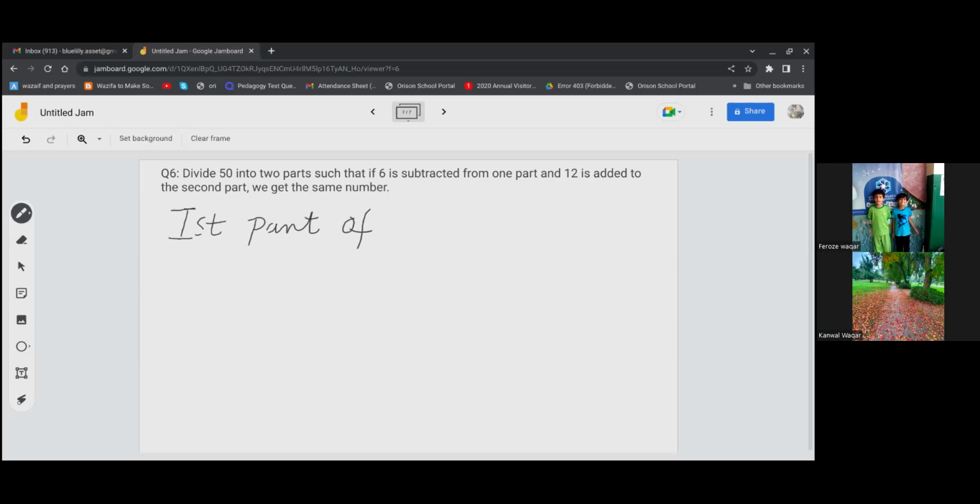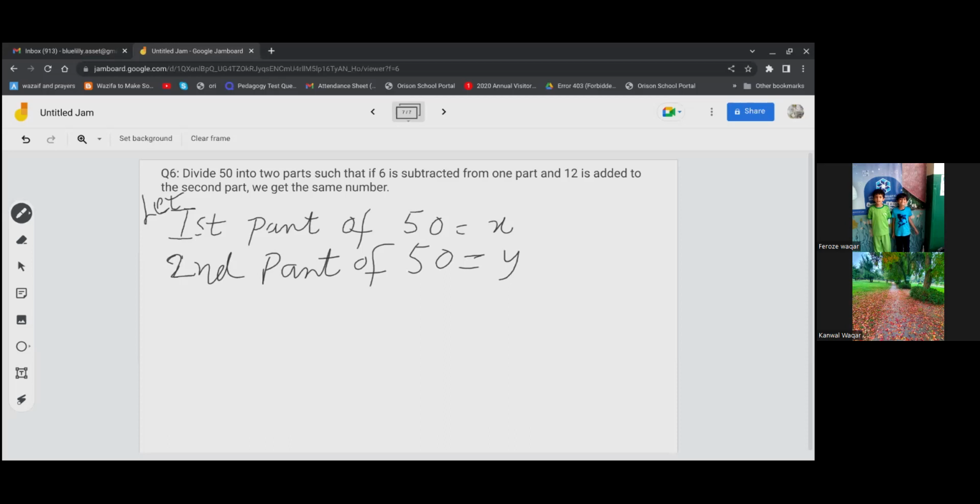Because they are saying 2 parts, the first part of 50 is, suppose, x. The second part of 50 is, suppose, y.